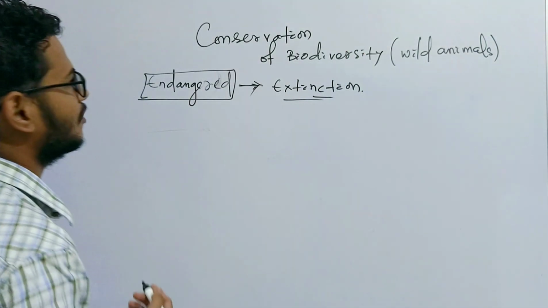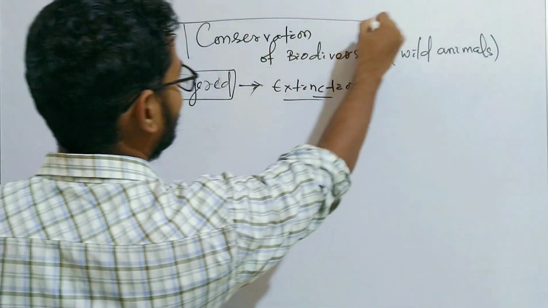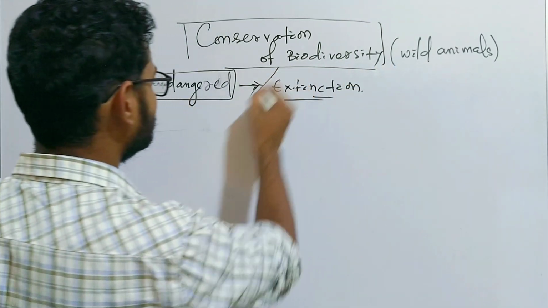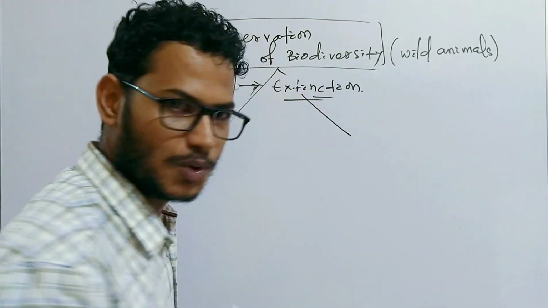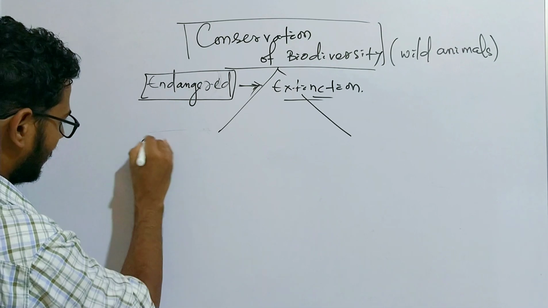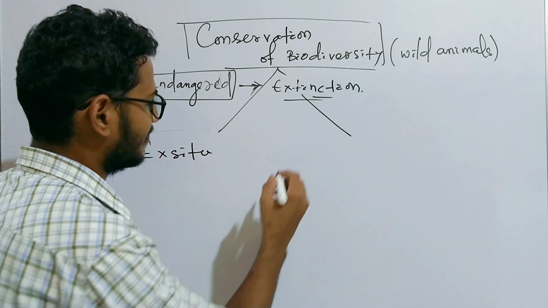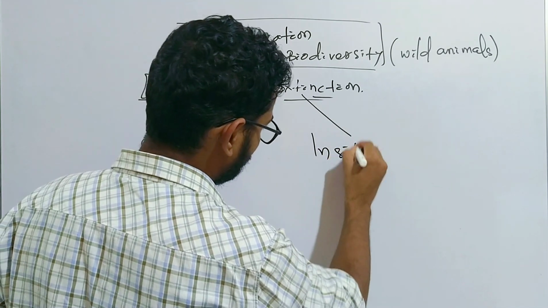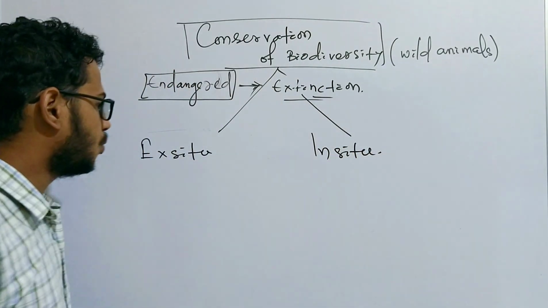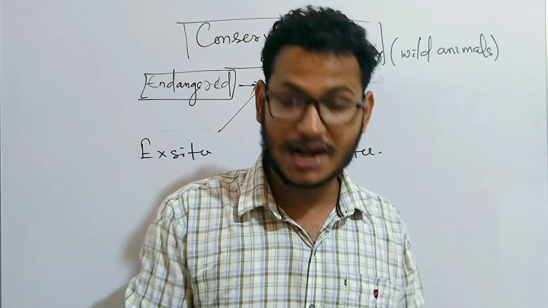In how many ways will we conserve the biodiversity? In two ways broadly. One is ex-situ conservation and another is in-situ conservation. So what do we mean by in-situ and ex-situ?